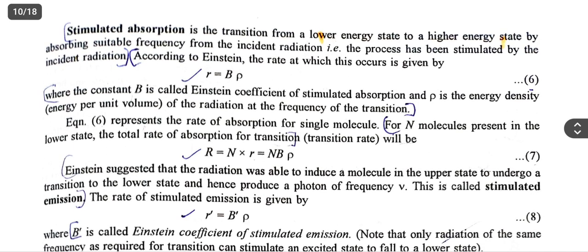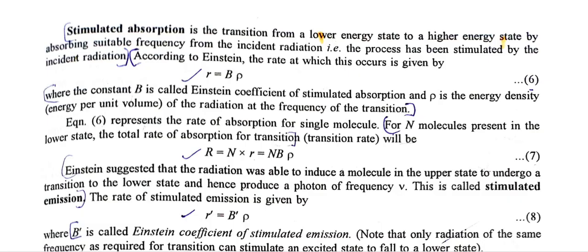Stimulated absorption is the transition from a lower energy state to a higher energy state by absorbing a suitable frequency from the incident radiation. The process is stimulated by the incident radiation. The rate at which this occurs is given by R = B rho, where the constant B is called the Einstein coefficient of stimulated absorption and rho is the energy density of the radiation at the frequency of transition.